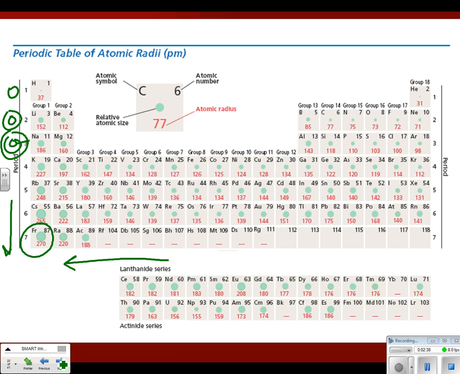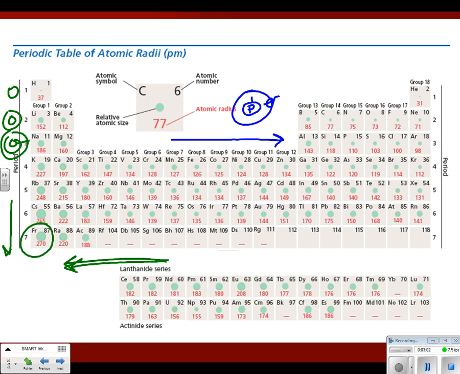So why is it bigger as you go to the left or smaller as you go to the right? Well, as you go to the right on the periodic table, towards the noble gases, you're getting more electrons. So you think, okay, well maybe that means it's going to be bigger. Well, no, what's happening is you're getting more protons in your nucleus as you're getting more electrons surrounding that.